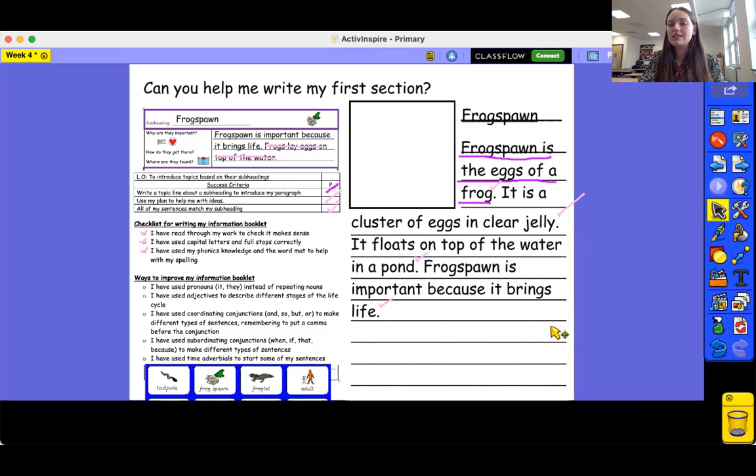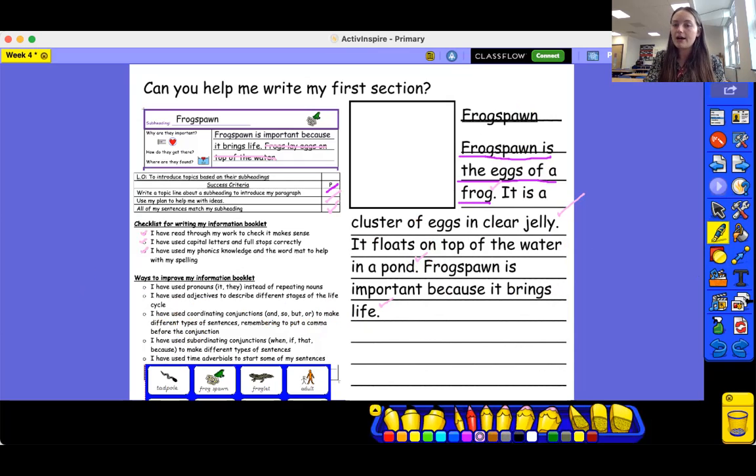So I don't need to have loads of different adjectives in it because it's supposed to inform people. It's not like a story where we can put lots of adjectives. Oh, what about this one? I have used coordinating conjunctions and, so, or, but to use different types of sentences. Well, I've not done that, but I think I probably can do that.